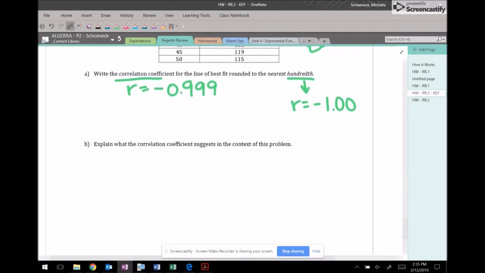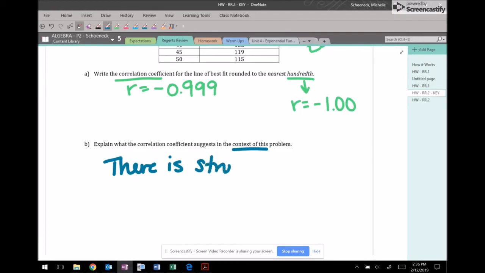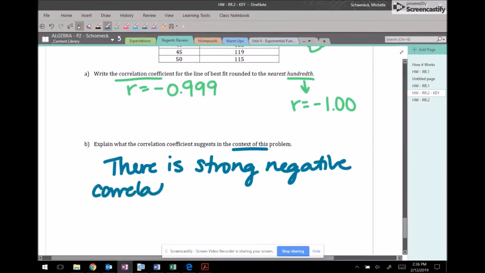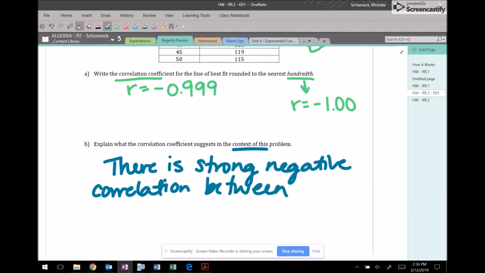And explain what the correlation coefficient suggests in the context of this problem. So we have to say that there is a blank correlation between blank and blank. And there's a strong negative correlation between, well, what are we talking about? We're talking about age and heart rate.